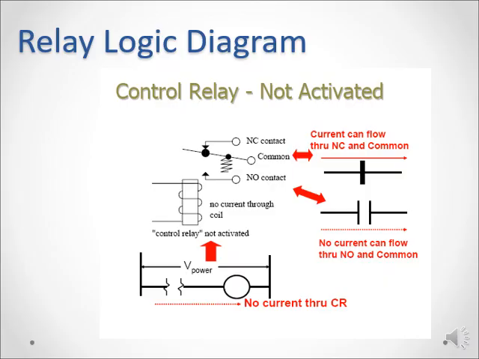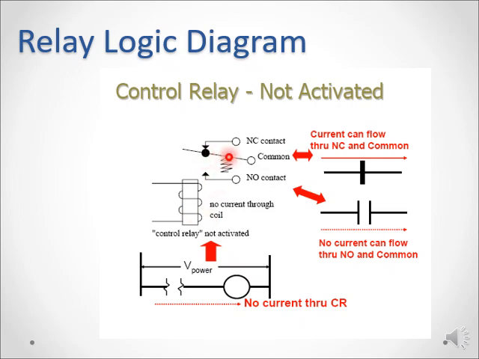Now, how does the relay work? In the relay, you can see there is a spring loaded switch inside. If you have some voltage, it will cause this electromagnet to be activated.